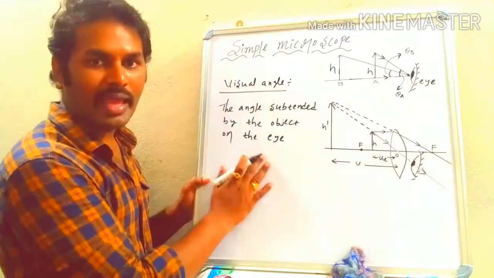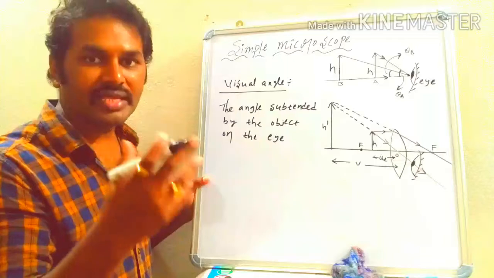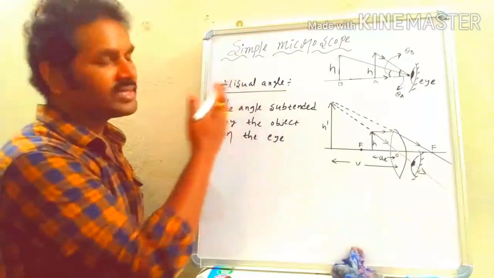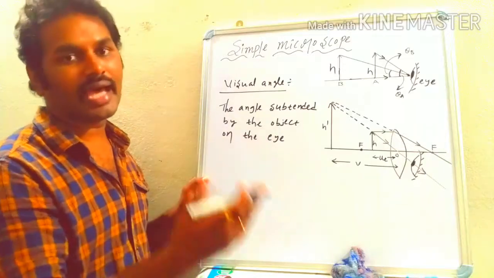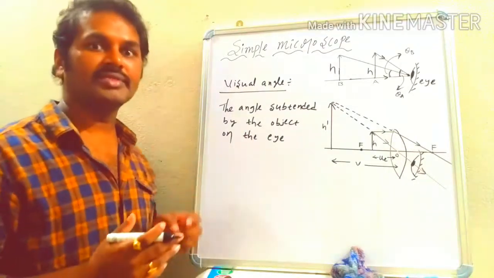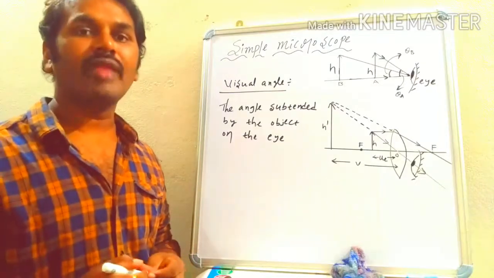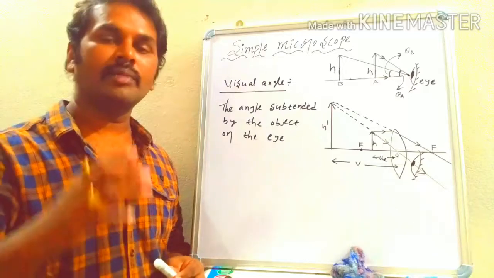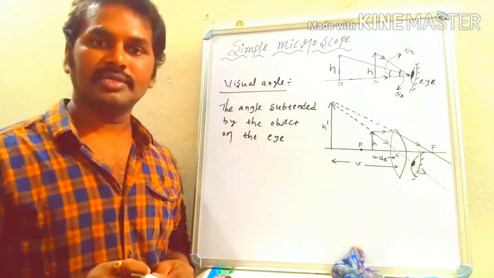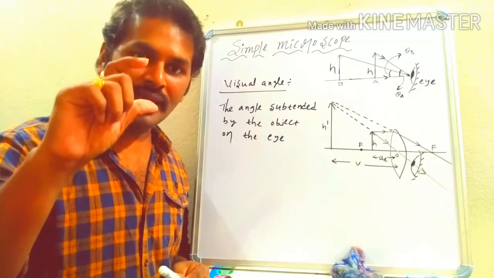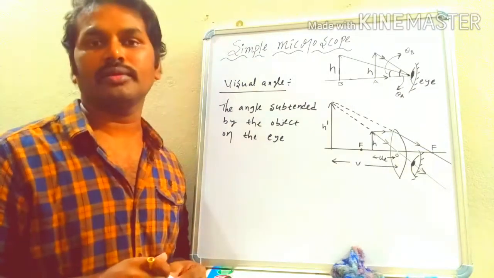If more is the visual angle, we feel that the height of the object is more. If less is the visual angle, we feel that the height of the object is smaller. We all have experienced this when we see a flight going very far from us, some 1,000 kilometers away, we feel that the size of the aeroplane is very small.